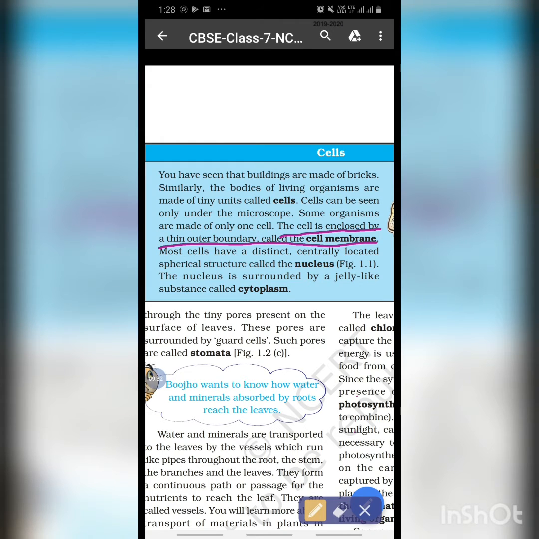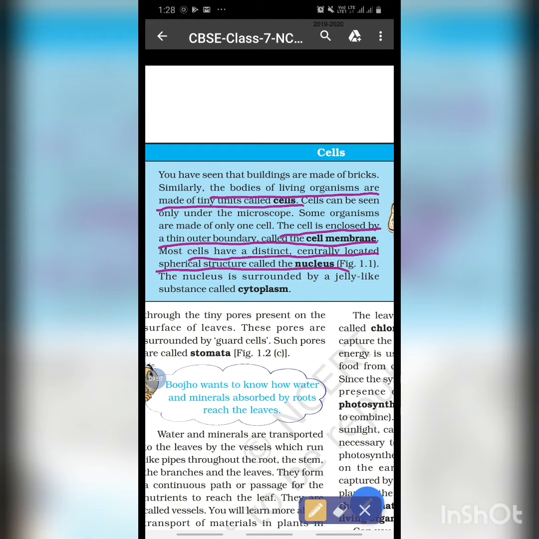Now, what will be the definition of nucleus? Most cells have a distinct centrally located spherical structure called the nucleus. Okay, is it understood?